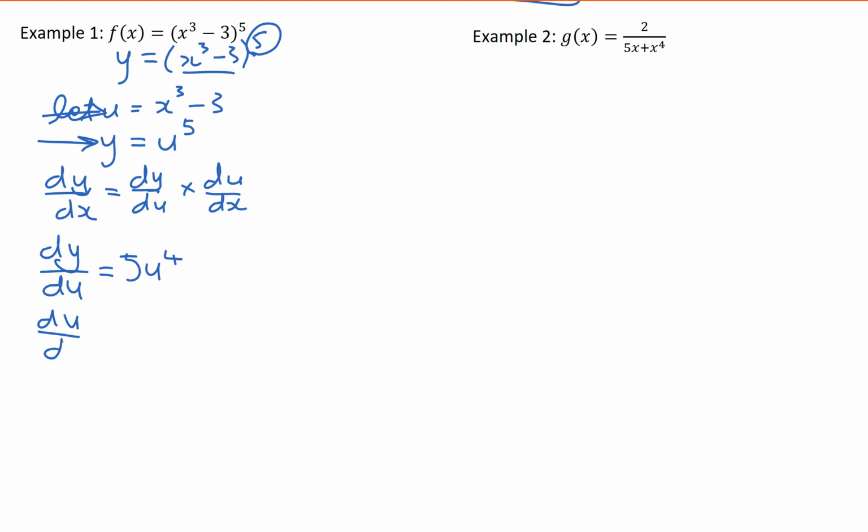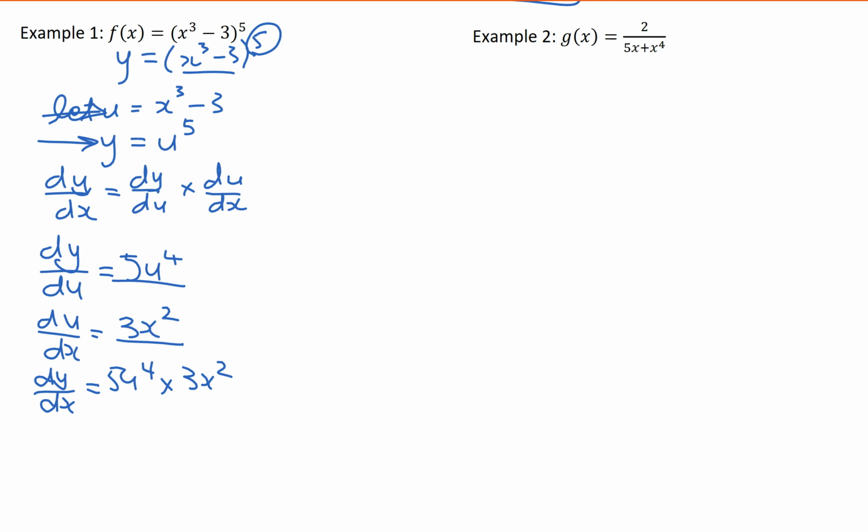Du by dx, again, that's not very hard. That's just 3x squared. So now, dy by dx is simply that times that.